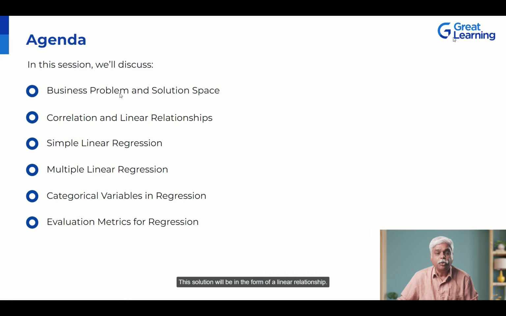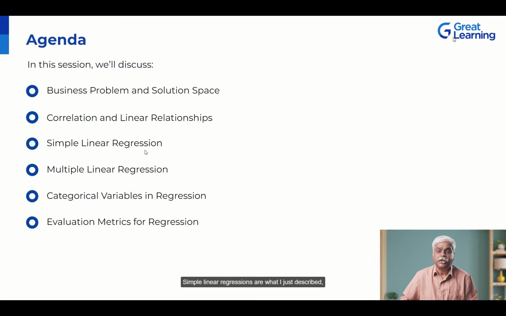This solution will be in the form of a linear relationship. What is a linear relationship? Briefly, a relationship of the form y = a + bx, but we'll see the details. This also links to the idea of correlation or the relation between variables. Because is that not what a linear relationship actually picks up?